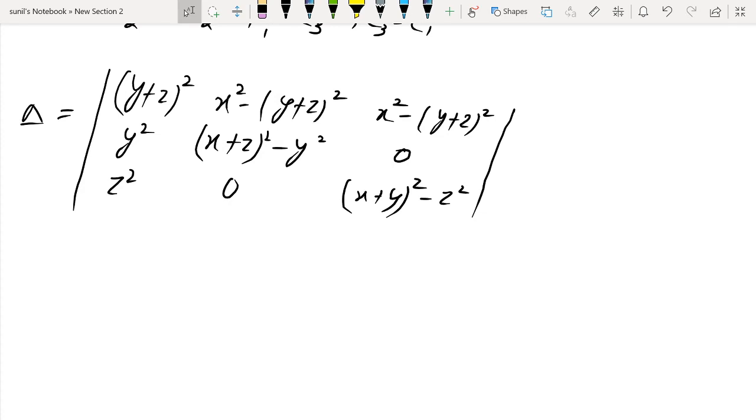Now we can use the formula here, A square minus B square as A minus B and A plus B.